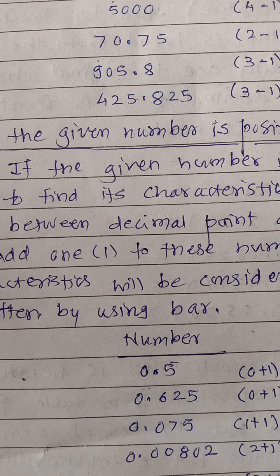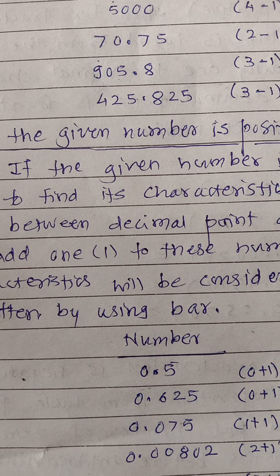So if the given number is less than 1, then we will have to count the number of zeros present between the decimal point and the next non-zero digit, that is on the right side of the decimal point. Then add 1 to this number of zeros, and this characteristic will be considered negative, and therefore it will be written in the form of a bar.